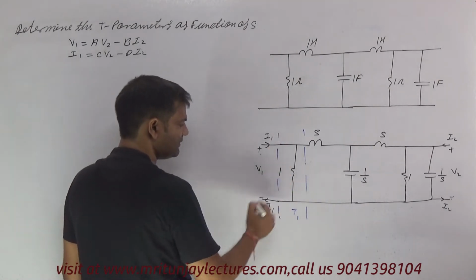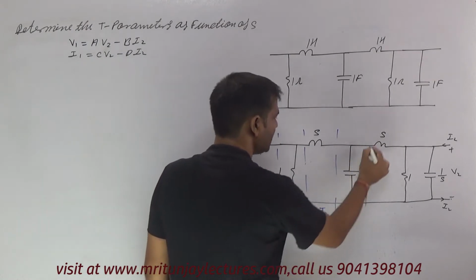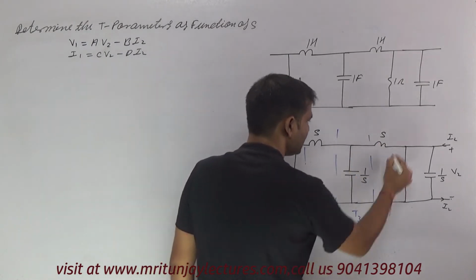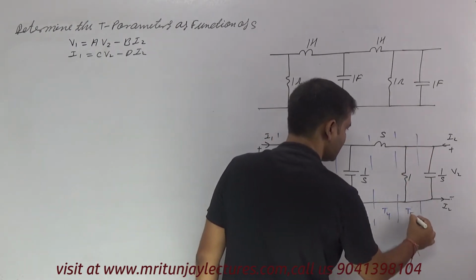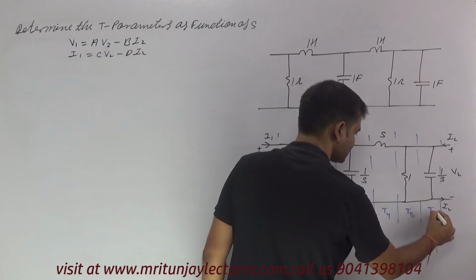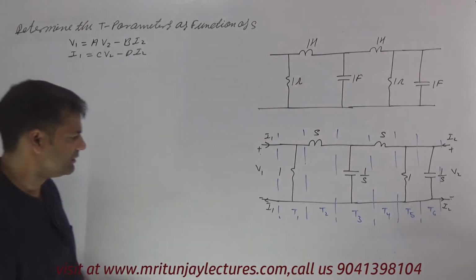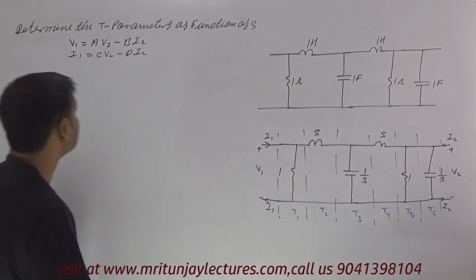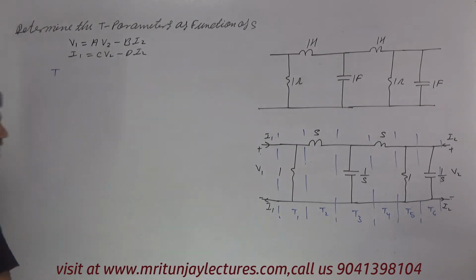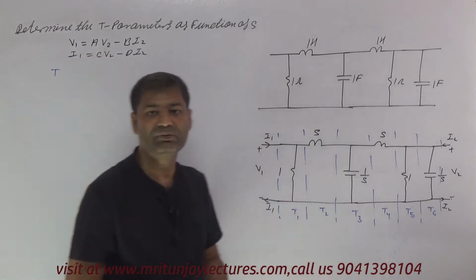So if you utilize a smart technique, consider this as T1, this range as T2, in this range T3, in this range T4, in this range T5, and in this range T6. Finally we get T1, T2, T3, T4, T5 and T6 in cascade connection.